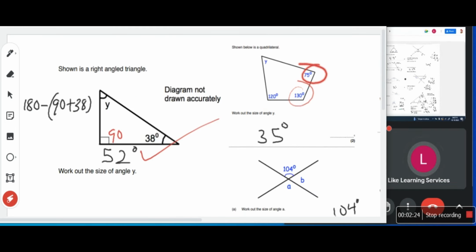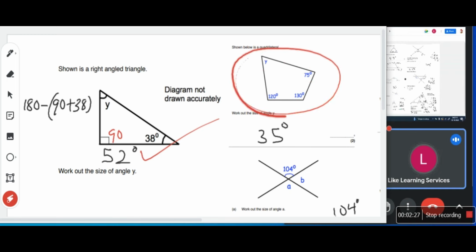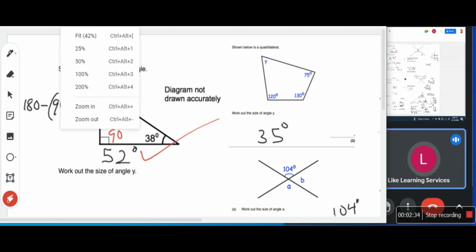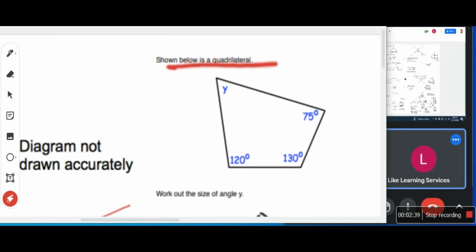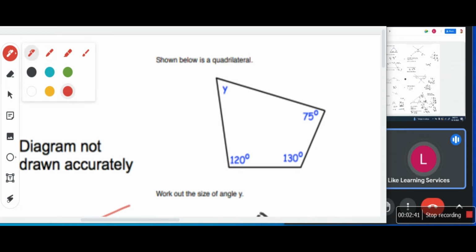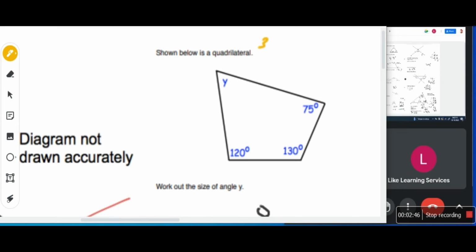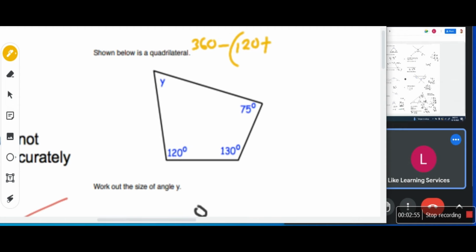these, and then y. Everything here, because it's a quadrilateral, first side, 1, 2, 3, 4. Anything with 4 sides, it's a quadrilateral. The sum of angles in a quadrilateral is, no, 360. I think what you did was you did 360 minus all of the rest added, 120 plus 130 plus 75.